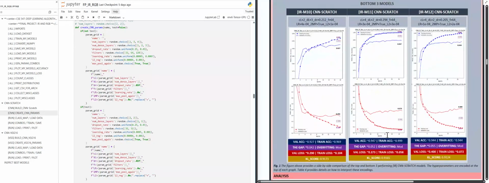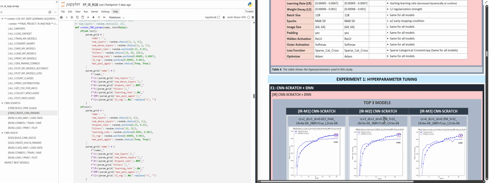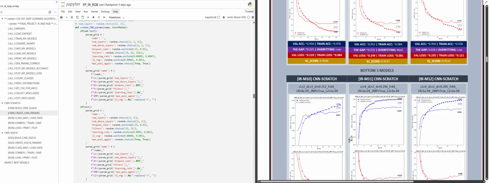So let me just get to the future of the project. I've got all the results. Here, experiment 1 is hyperparameter tuning, so it's just finding all the best models and the hyperparameters that work the best.